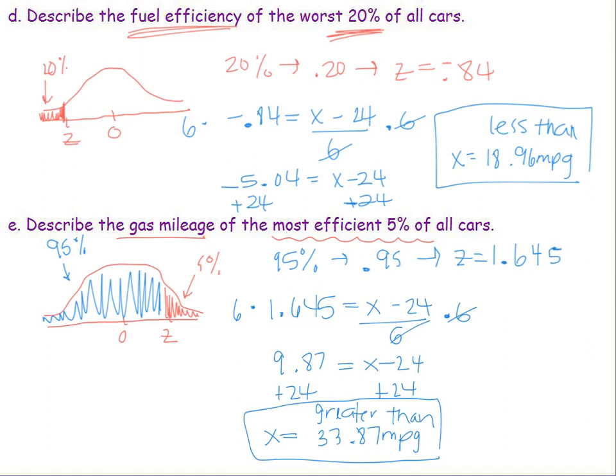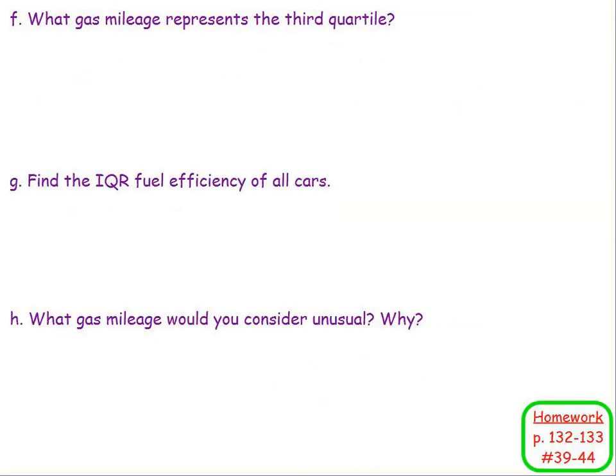All right, so let's look at some problems that we haven't really discussed yet. These are some of your specialty problems. What gas mileage represents the third quartile? Third quartile is Q3. Well, here's some nice things.